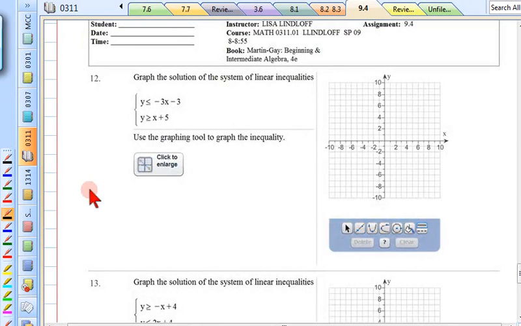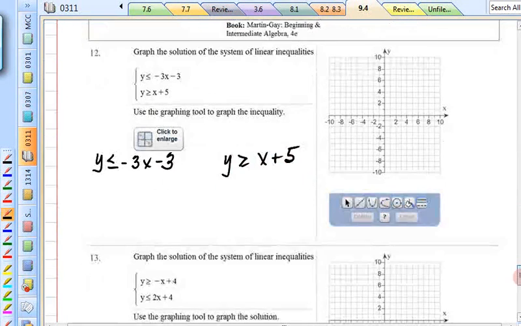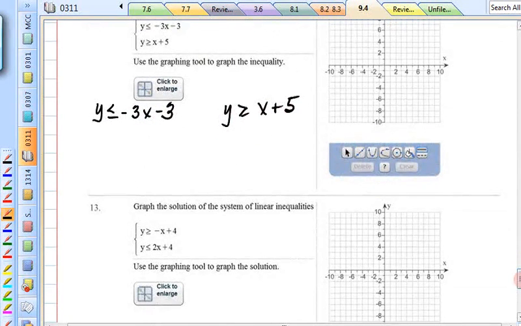If I have enough room, we have y is less than or equal to -3x minus 3, and we have y is greater than or equal to x plus 5. Luckily, with these problems, you don't have to get them solved for y. They already have that. So, dotted or solid for the first one?